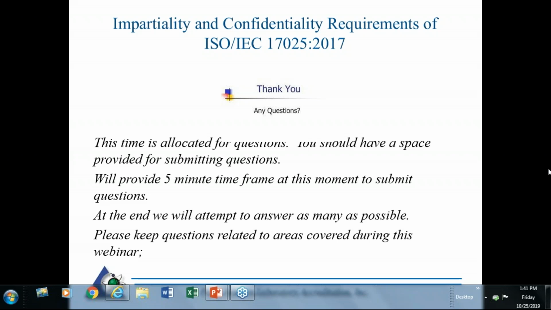Does the lab have to be 17025 certified to test its own company's production? I would say it does not have to be. I would really need to know what the specific situation is. Like I said, I'm on the calibration end.